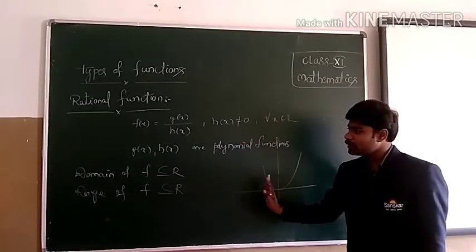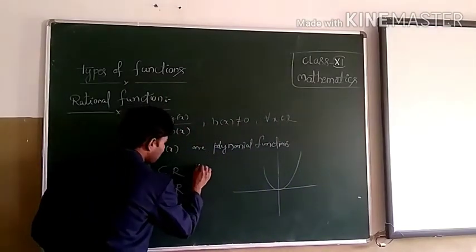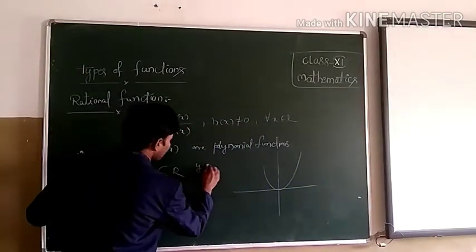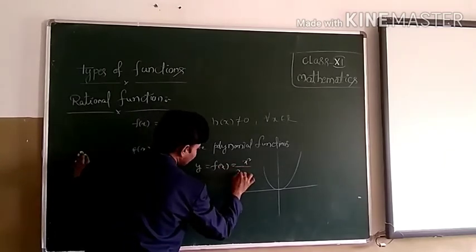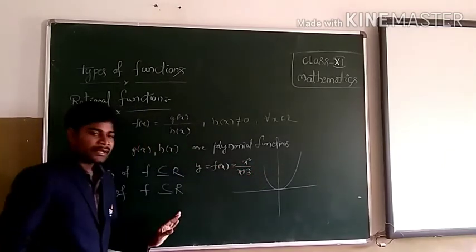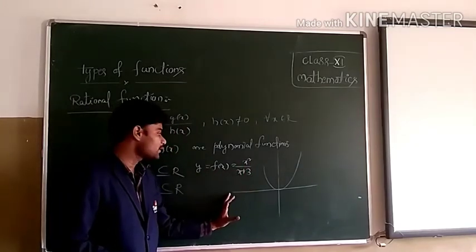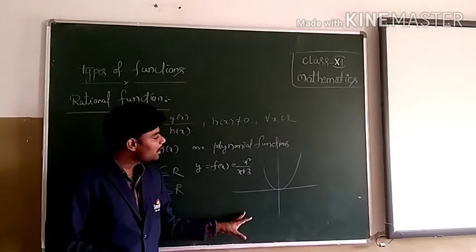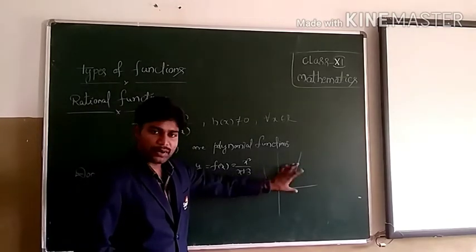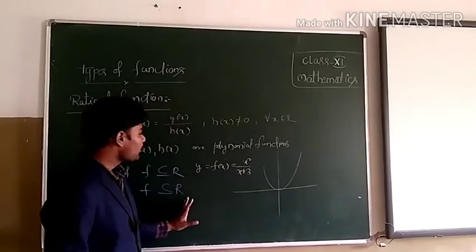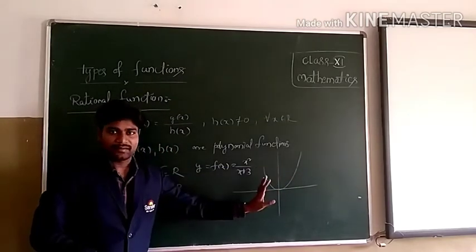If you want a proper curve, just take the values. Suppose I take one rational function, f of x is equal to x squared by x plus 3. Just take the x values and you will get y values. Based on that you will finally get ordered pairs. If you take those ordered pairs and identify those points on the graph, you will get a proper curve like this. This is a rough graph.